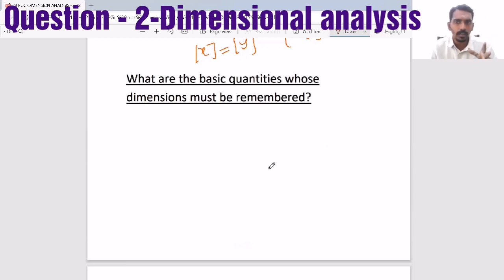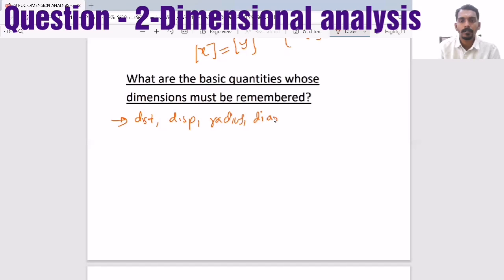The very first are distance, displacement, radius, diameter, height, breadth, depth, whatever it is. For all of them, the dimension is L.